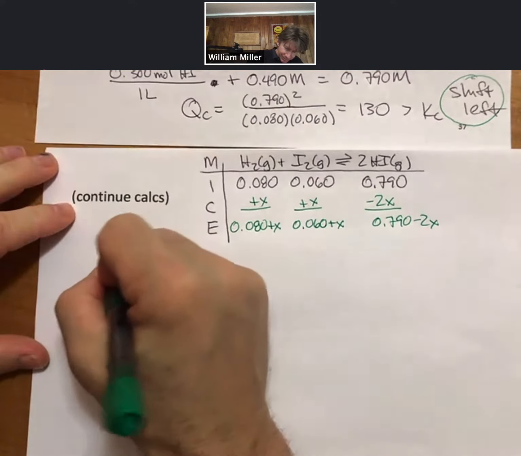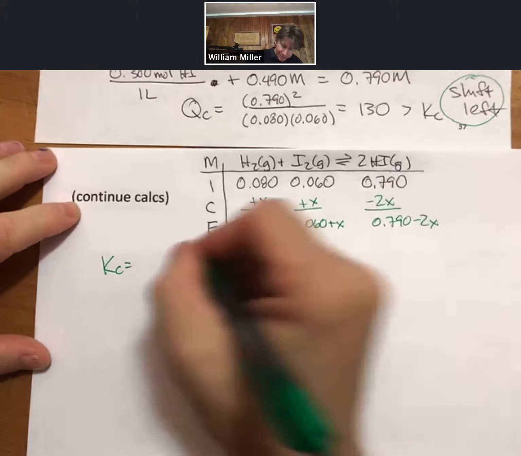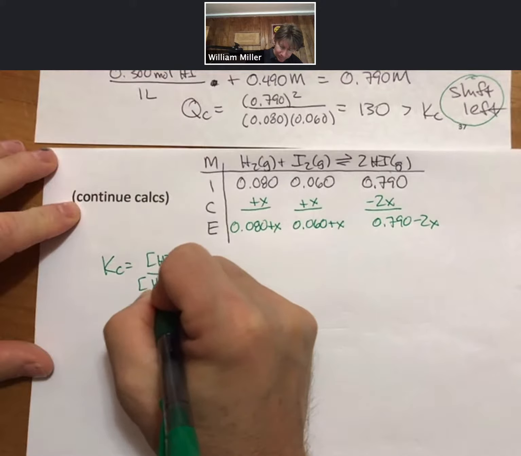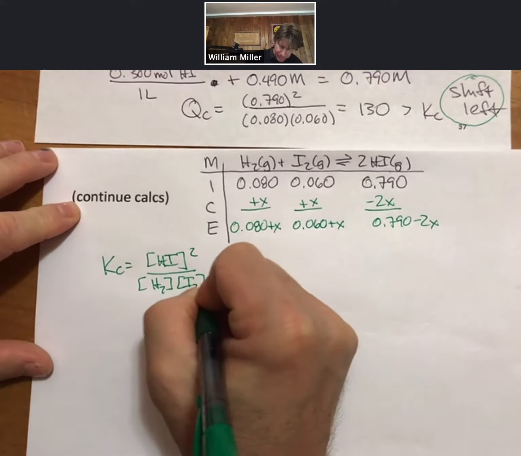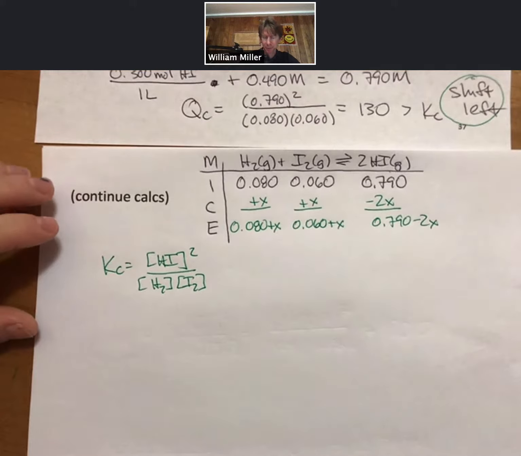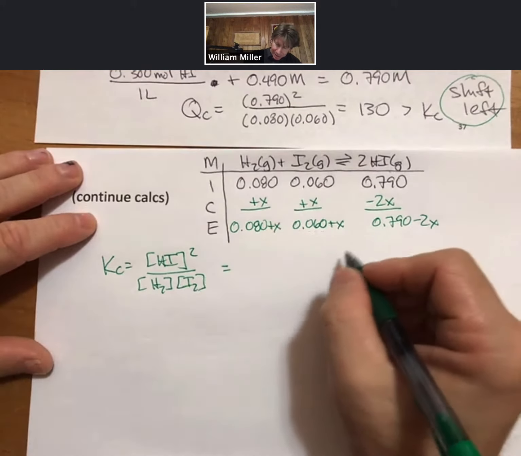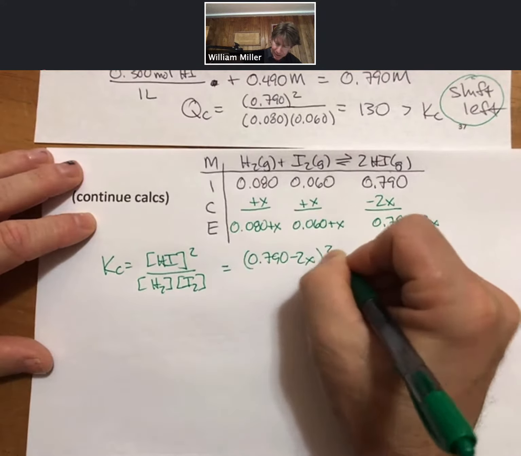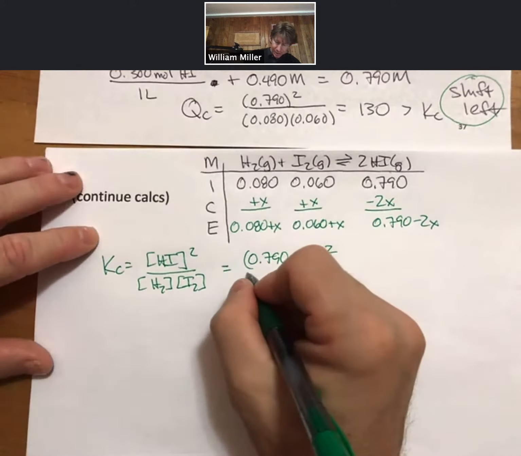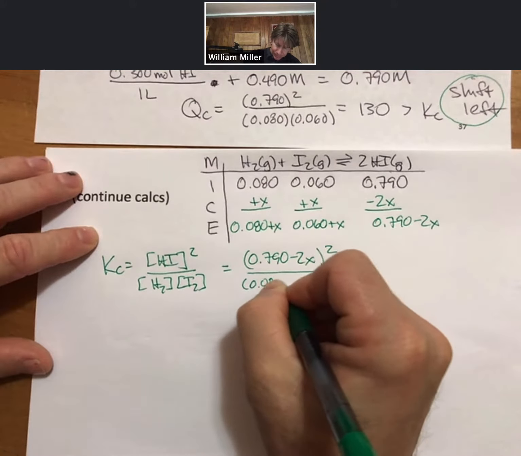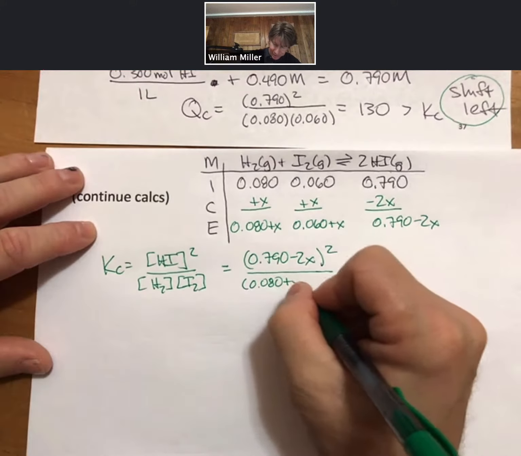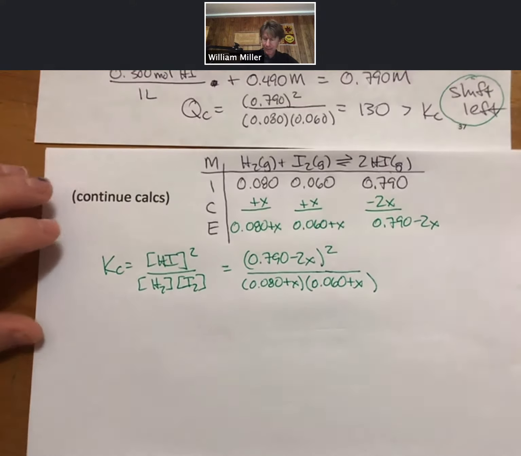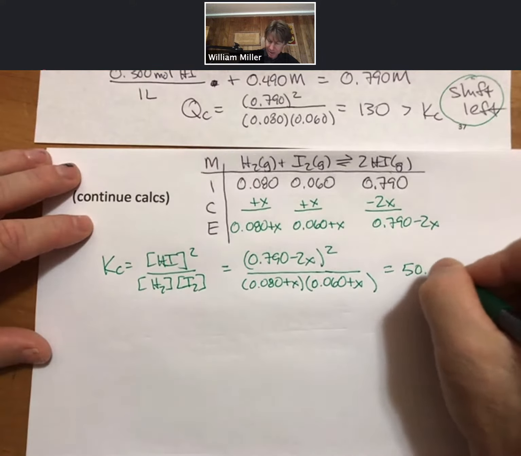Kc equals products raised to coefficients over reactants raised to coefficients. We have 0.790 minus 2x squared over all of this in the denominator, and that all equals 50.0.